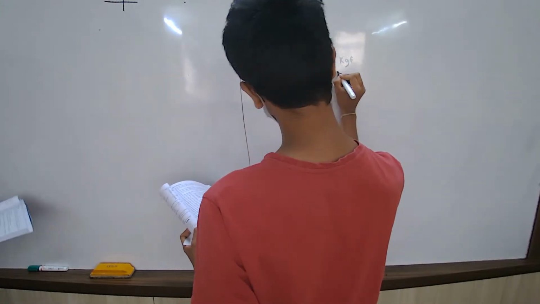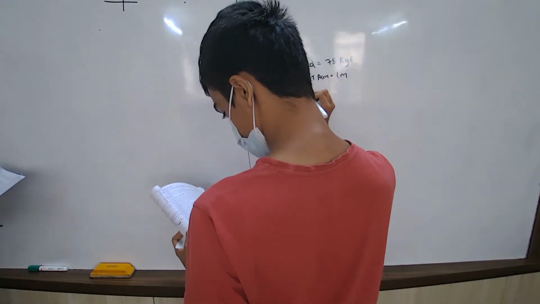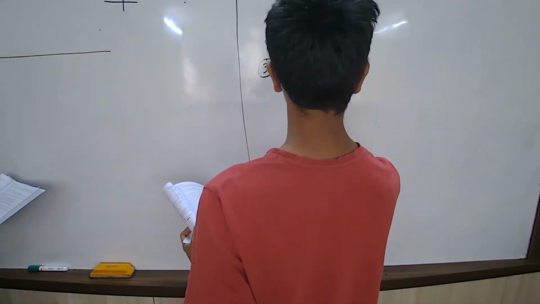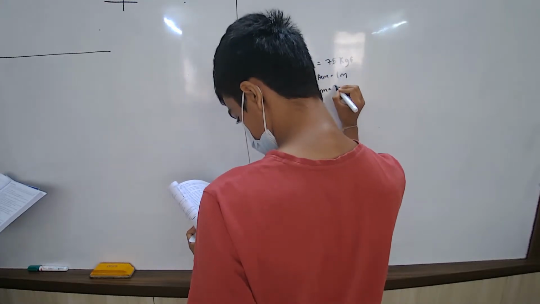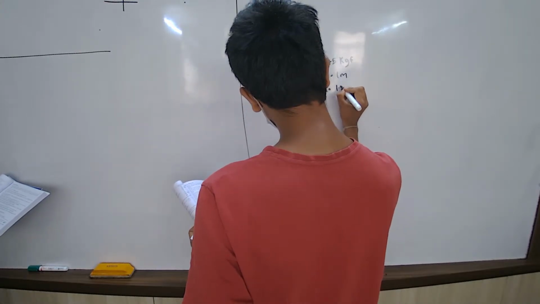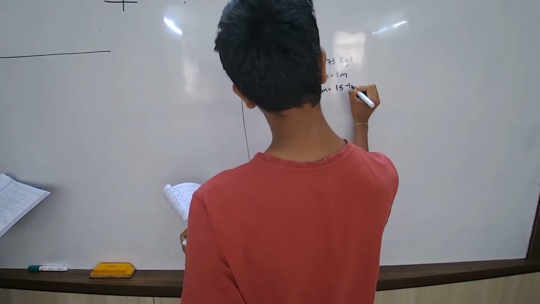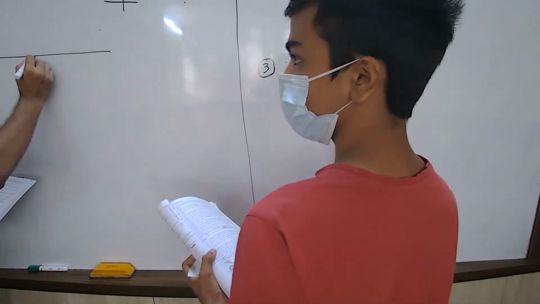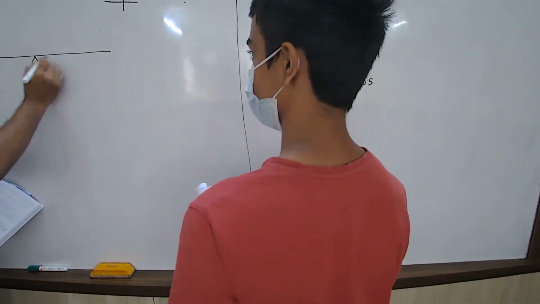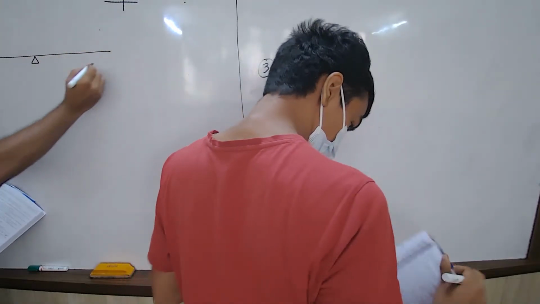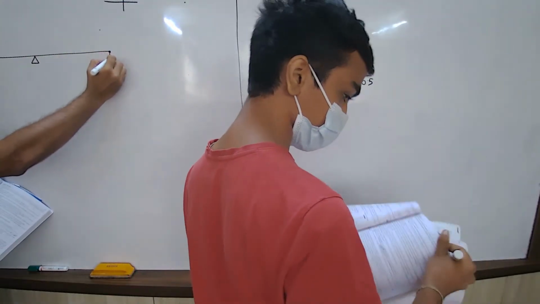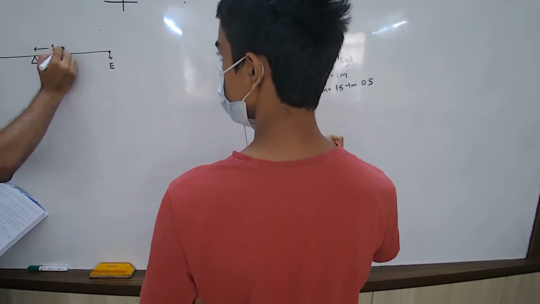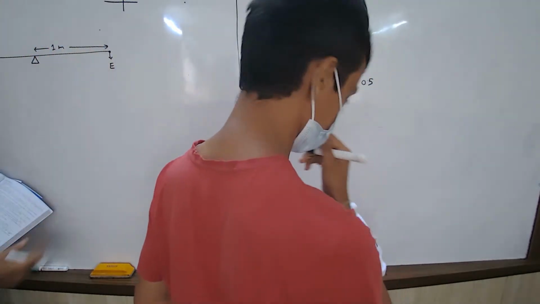So full length of the crowbar is 1.5 meter. So there is a sharp end, 1 meter at 1 meter. This is the effort. This is 1 meter. This is what I have understood.